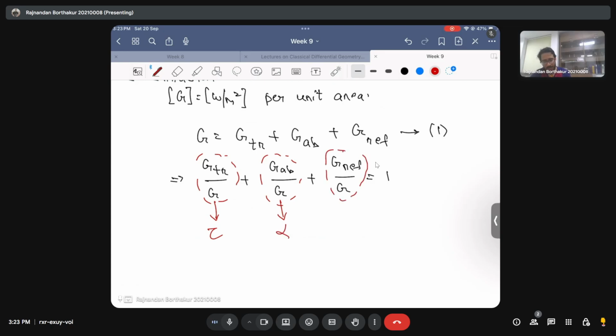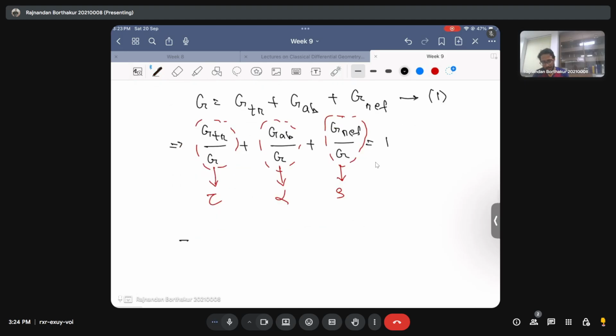The third part, by analogy, says how much is the fraction that gets reflected from the initial irradiation incident on that body, and we'll call this G_REF by G as rho. Which means I can now say that tau plus alpha plus rho is equal to 1. These tau, alpha and rho are just fractions, and their sum equals 1. That is just a result of the energy balance.